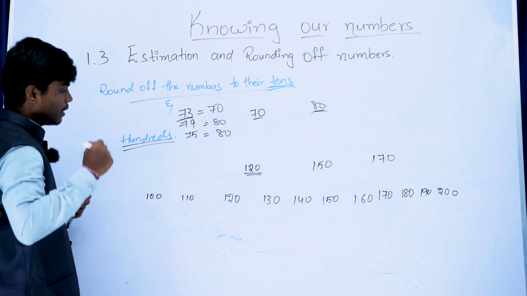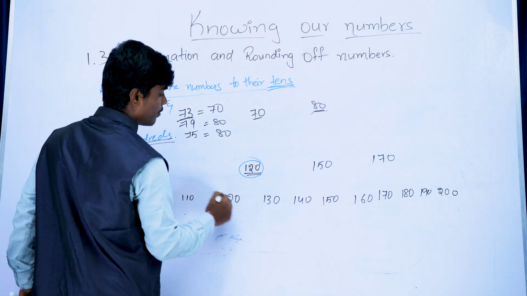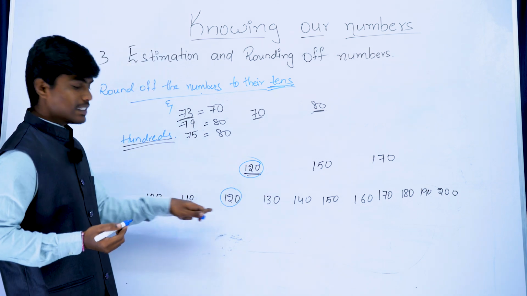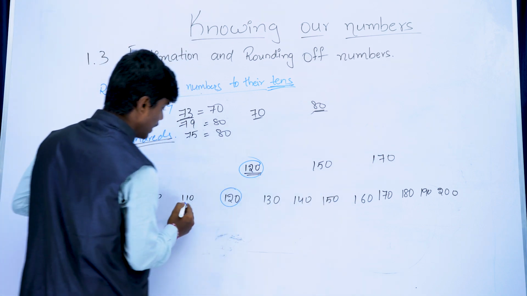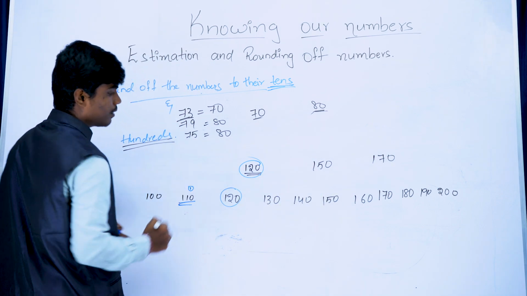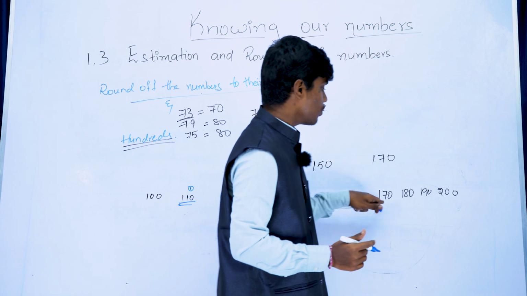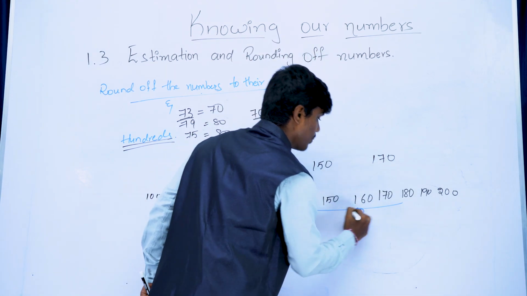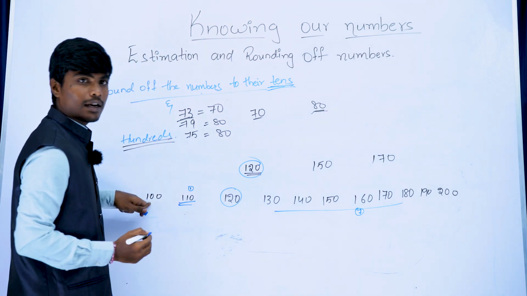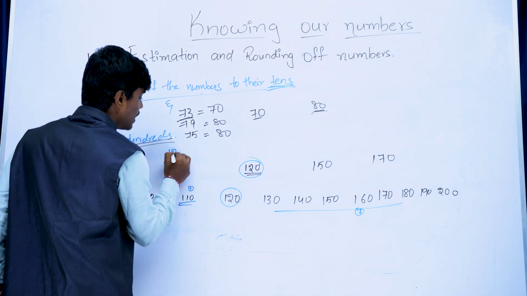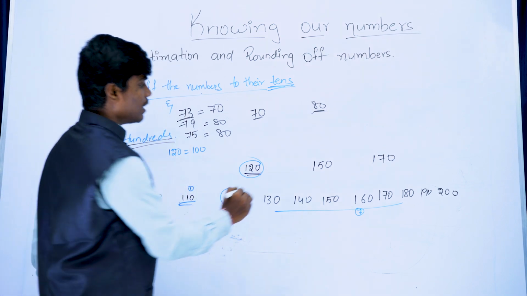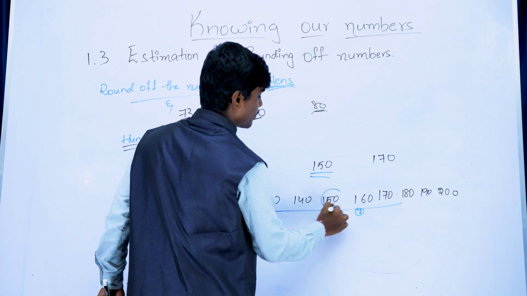See, here he gave 120. As I told you, check the distance to the nearest hundreds. Here we have only 1, and here we have 1, 2, 3, 4, 5, 6, 7. Here we have 7 numbers. So the nearest number is 100. So 120 is rounded to 100.